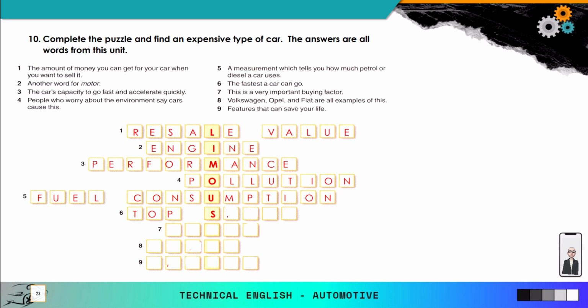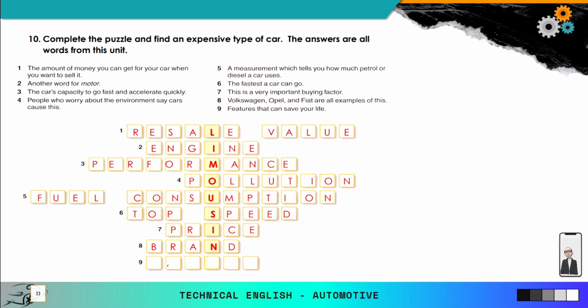Right, number six is the fastest a car can go. That is top speed. Number seven, this is a very important buying factor. Should have said how much a car costs, that is the price. And number eight, Volkswagen, Opel, Fiat are examples of this. These are brands.